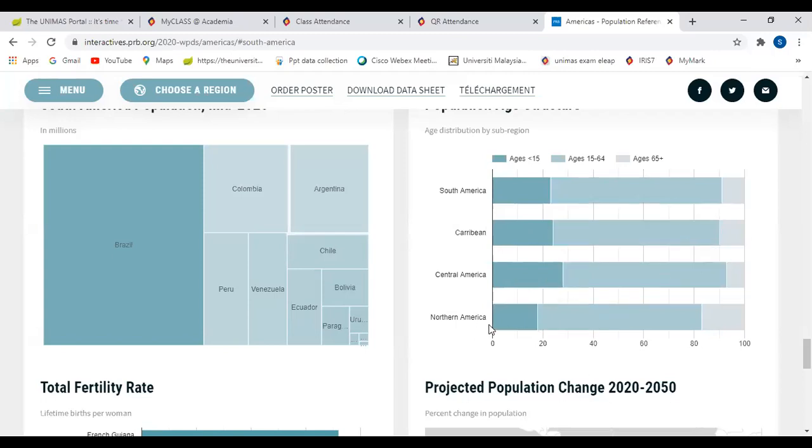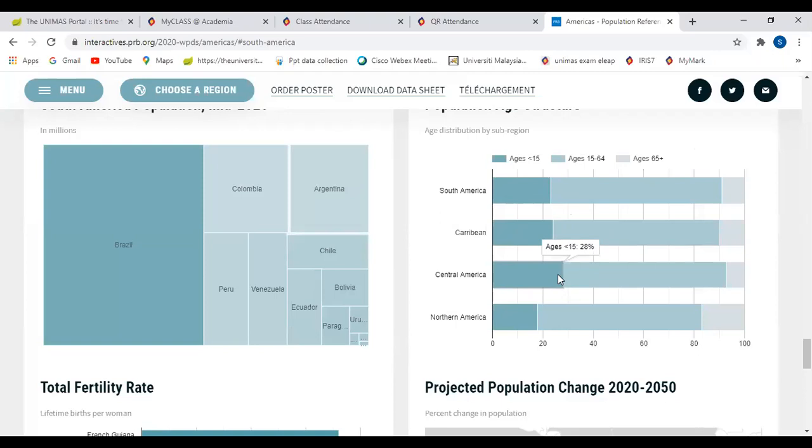Bandingkan dengan North America. So dari segi dependency-nya lebih kepada yang berumur kurang 15 tahun lah. But overall dependency ratio masih okay, yeah. Compared to Caribbean, where it's about the same, not much different, 10%, 24%, slightly higher compared to Central America, and this is where the difference is.